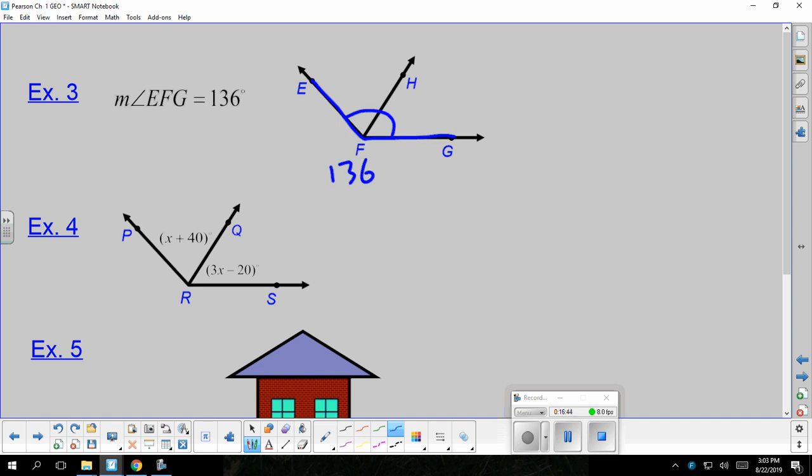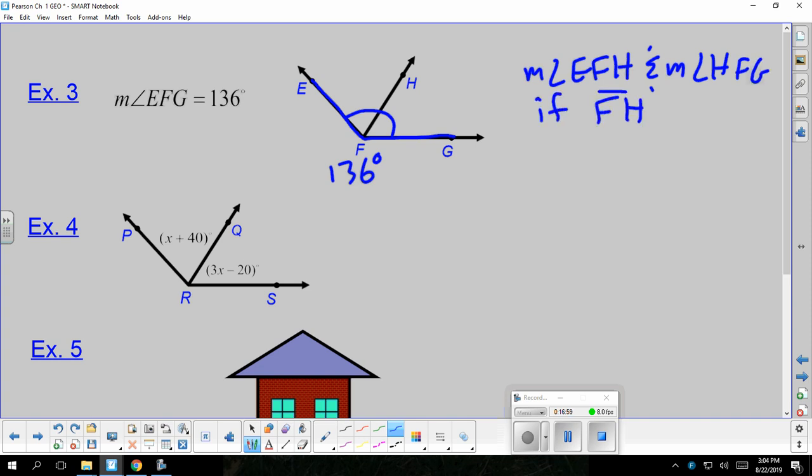I want to know what the measure of angle EFH and the measure of angle HFG are if FH bisects angle EFG. So if it bisects, I divide it by 2. And what do I get? 68 degrees.